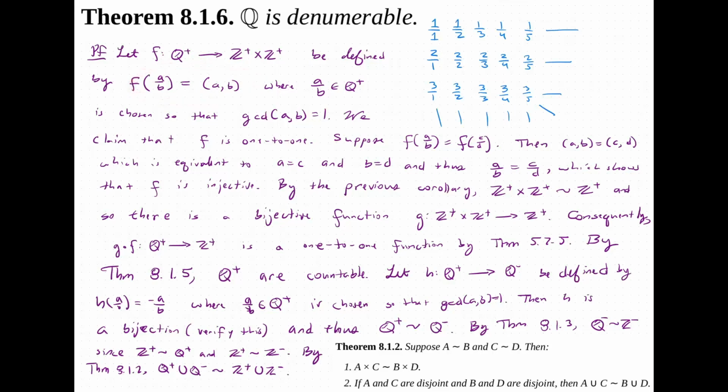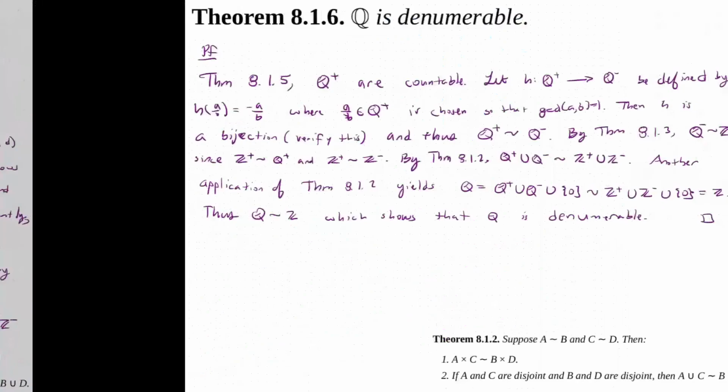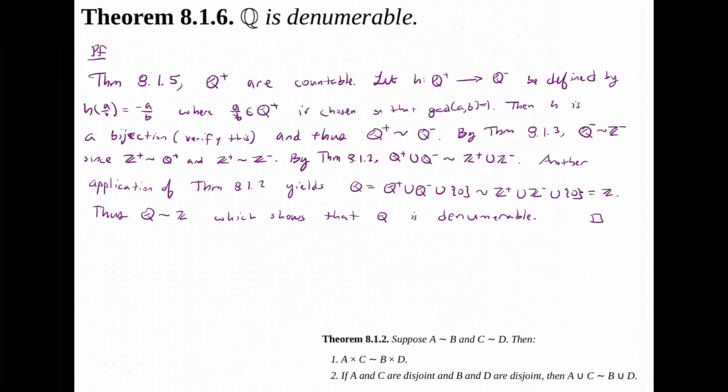And from there, once we showed it was one-to-one, we were able to just deduce that the positive rational numbers were denumerable. And then we went from there and slowly built up to finally get that the whole rational numbers is denumerable. And so that finishes it off for today's lesson.